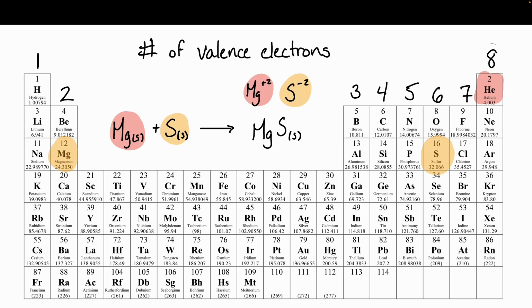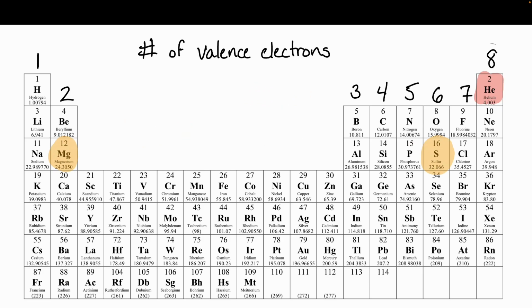So what we're going to do is picture this magnesium atom and this sulfur atom with their valence electrons. We're going to represent those valence electrons by dots. So my magnesium atom here should have how many valence electrons? 2. So we're going to put 2 dots on our magnesium atom here to represent the 2 valence electrons.